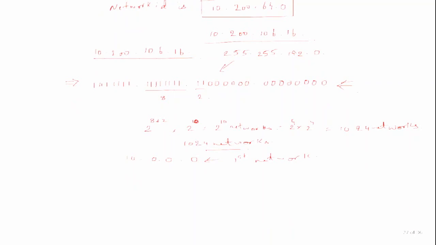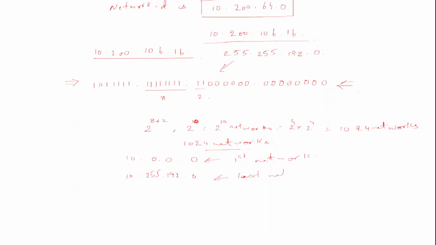Starting from 10.0.0.0, this is the first network. The ending network is 10.255.192.0. This is the last network.